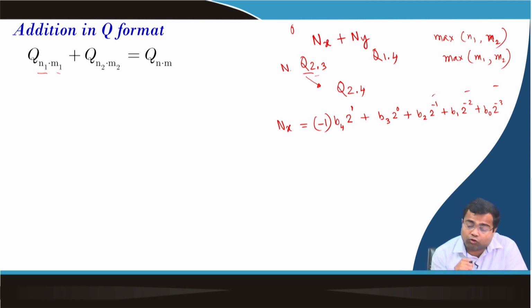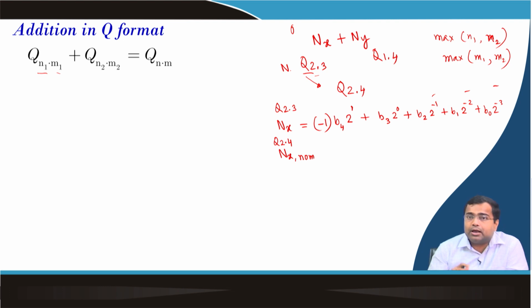Now, I want to convert, that means I want to make normalization. So, this is in Q2.3 format, I want to make it Q2.4. How can I do that?